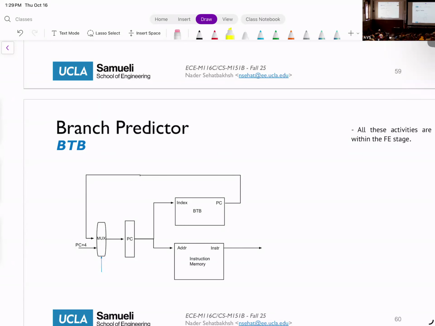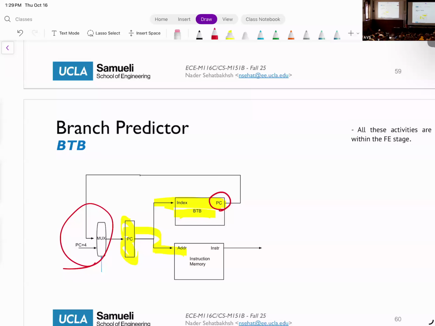So remember in the fetch state, you had PC directly connected to the instruction memory. Now I'm introducing a new table called a BTB table. The PC also indexes into that. The output of the BTB is basically the new PC. And as you can see now, I put a mux here: it's either PC plus 4 or the PC coming from that instruction, right?